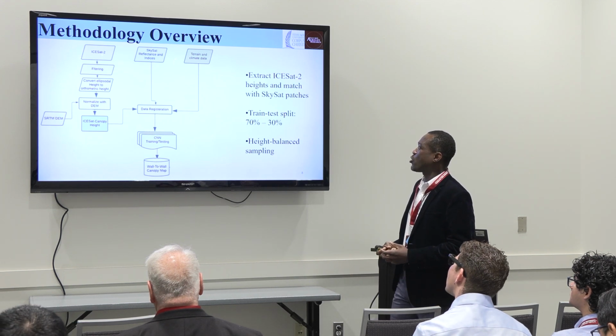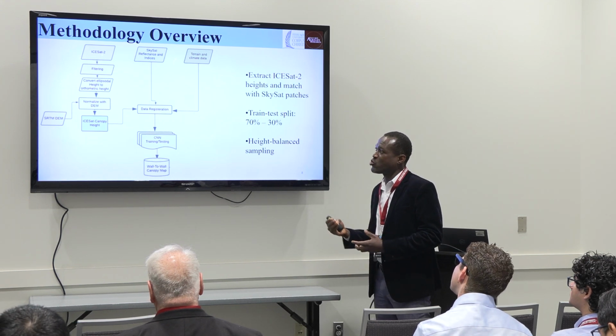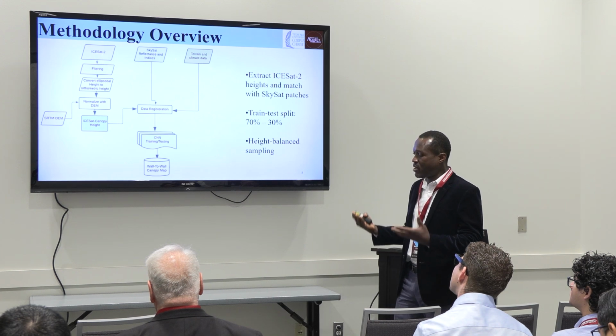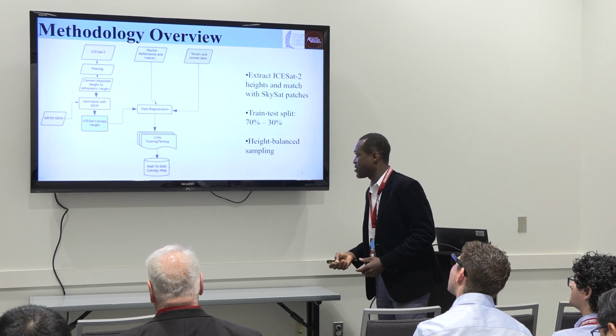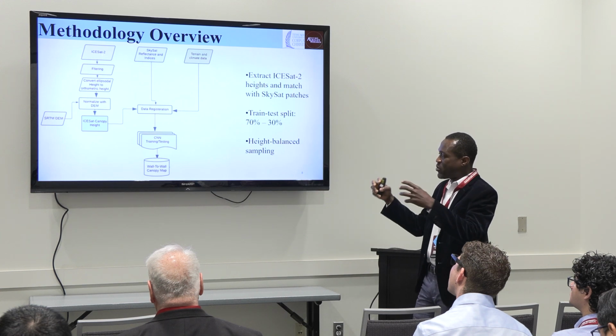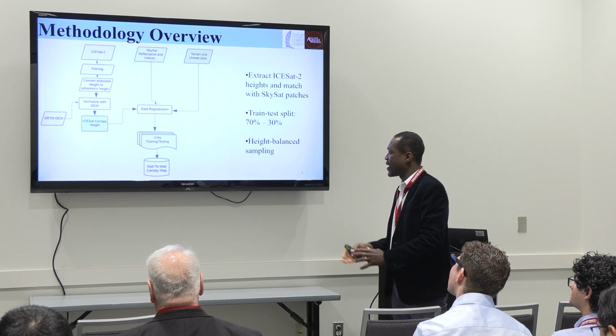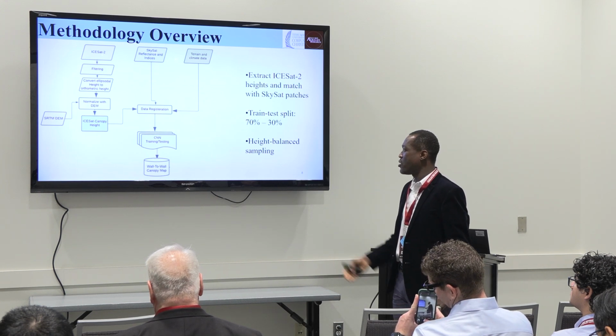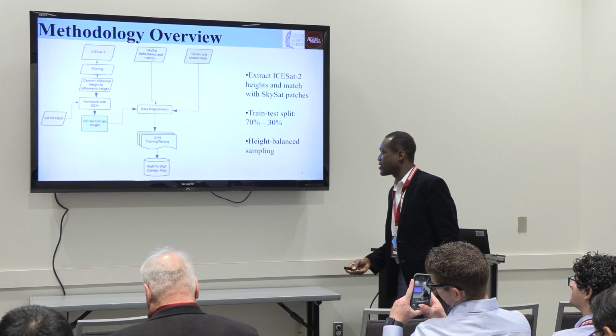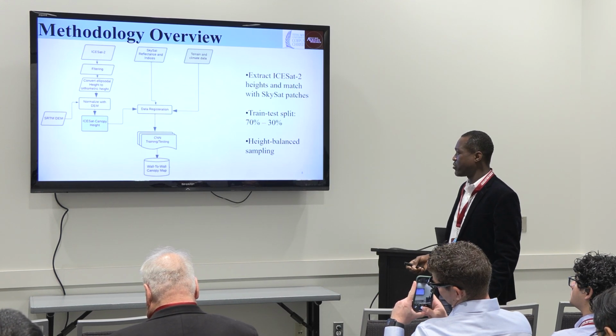And then the SkySat also went through a bit of pre-processing, not so much, because the SkySat data that we get is already surface reflectance data. However, you have to register the dataset to make sure that they align, and then you use the ResUNet model to predict the wall-to-wall canopy height model for the study area.